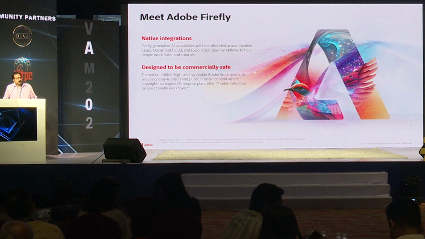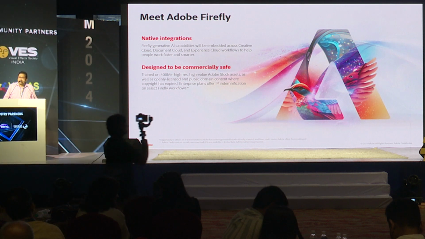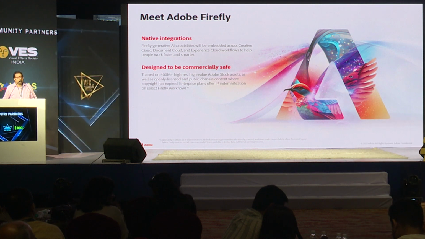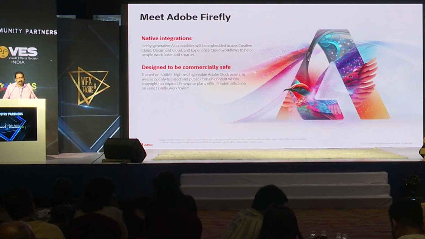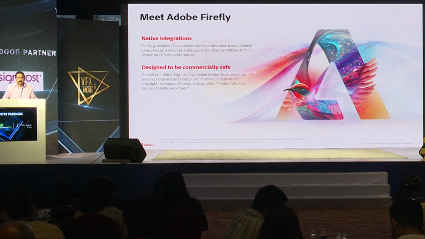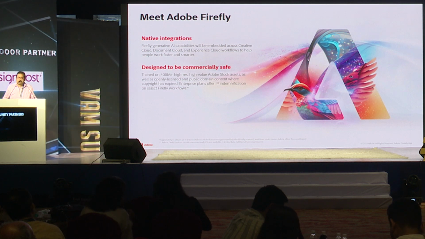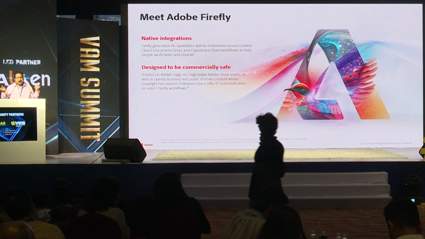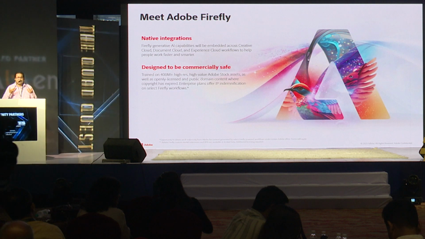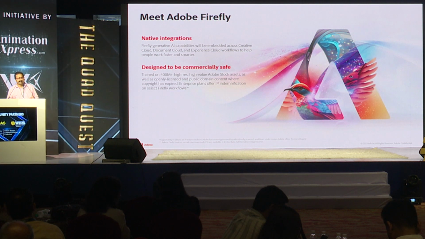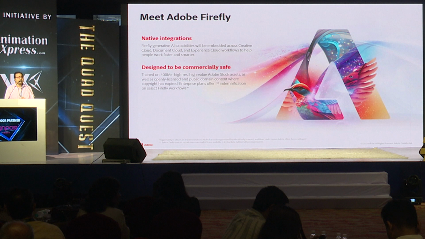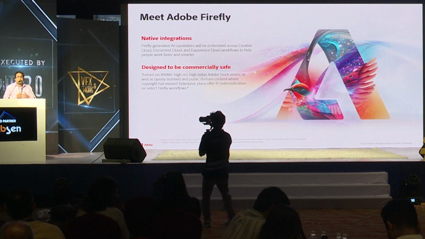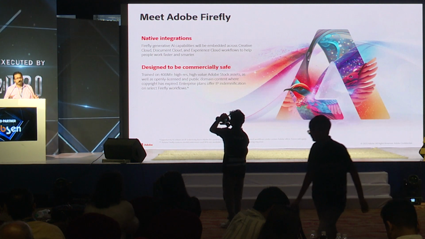Designed to be commercially safe. This is a very important point for any enterprises and big production houses, because as you know, if you try to generate any image on any generative AI solution, it will be able to generate that. Maybe if you want to generate any prominent personality in a different context by changing the background or the apparel, you can do that, right? Because all the other generative AI technologies are trained on the data which is available on the internet, the www.